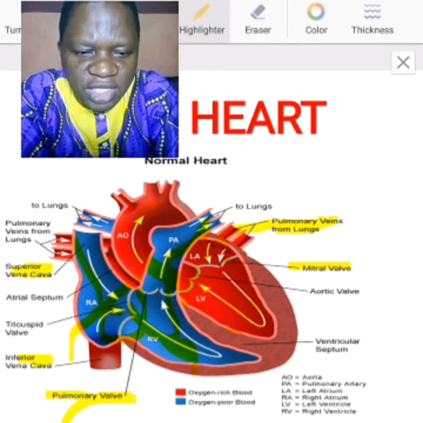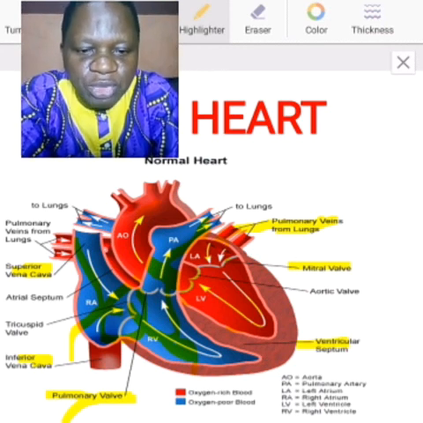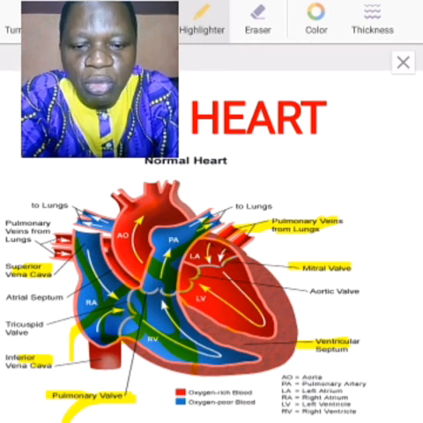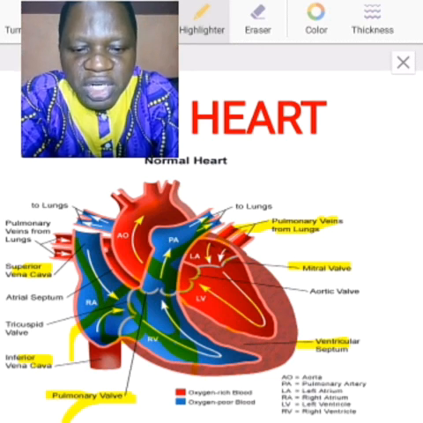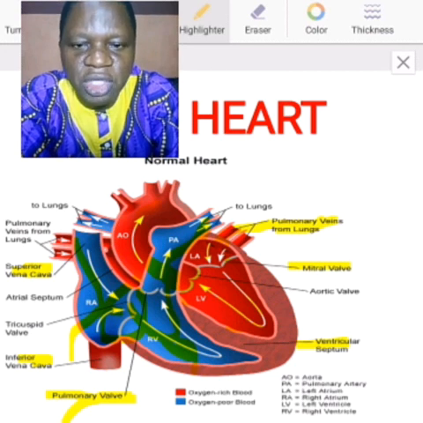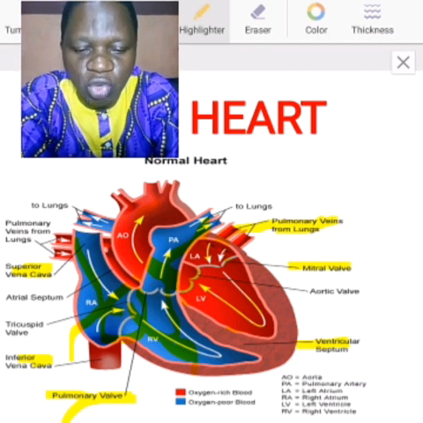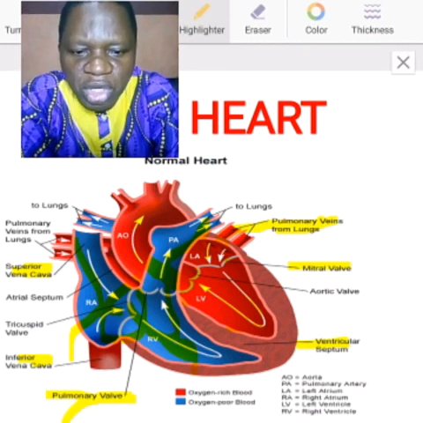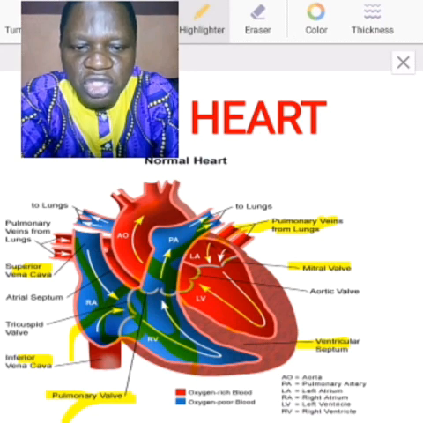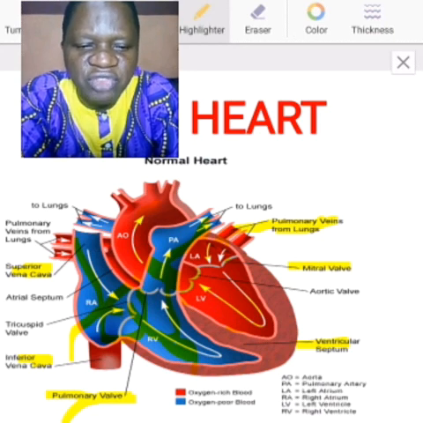The ventricular septum is to prevent the blood in the right ventricle from mixing with the blood in the left ventricle. As you know, the blood in the right ventricle is deoxygenated, poor in oxygen, but the blood in the left ventricle is rich in oxygen. So the ventricular septum will prevent the blood from mixing.